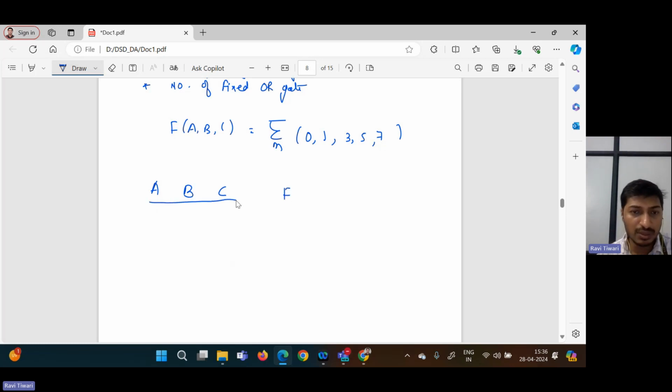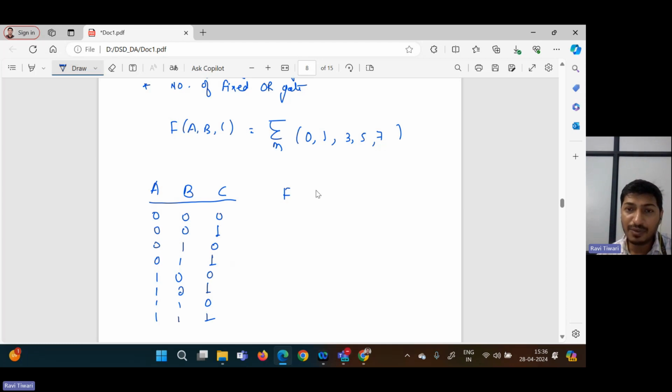As we are having 3 inputs, we can have a maximum of 8 possible combinations. So I'm drawing all the 8 possible combinations here like this: 0, 0, 1, 1, 0, 0, 1, 1. Similarly, 0, 1, 0, 1, 0, 1, 0, 1.